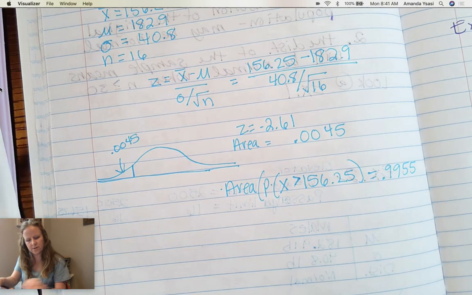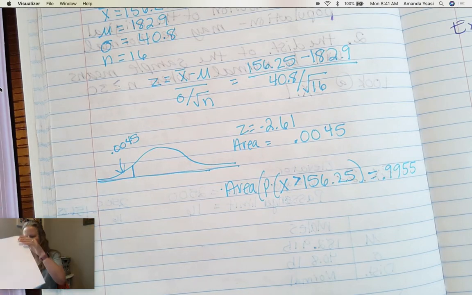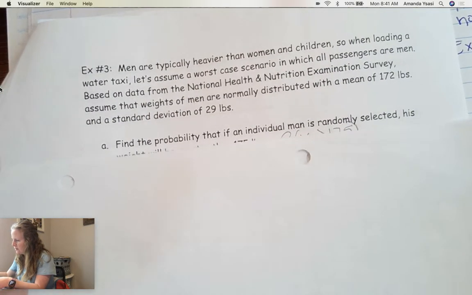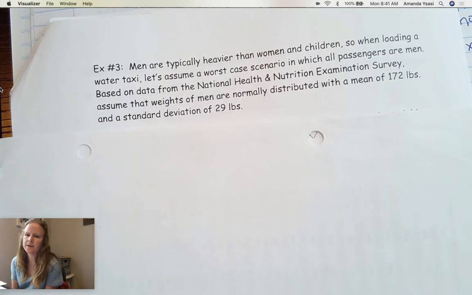Okay, so this was whenever your original population is normal. Let's look at this next one. So example 3, men are typically heavier than women and children. So when loading a water taxi, let's assume worst case scenario in which all passengers are men.